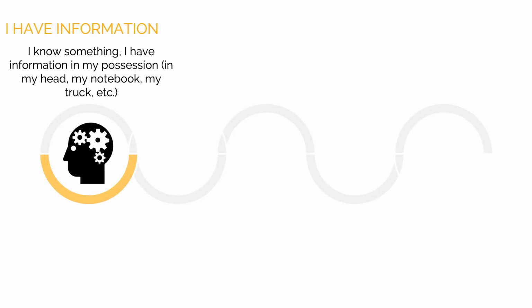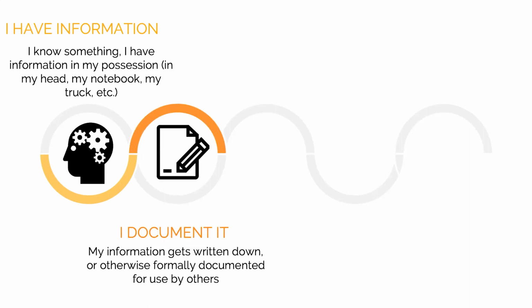This is all about taking information that is held by different people in your utility, whether that's notes on somebody's truck, information in somebody's head, information that's in existing databases, and documenting it, writing it down in a formal way so that it can be used by others.